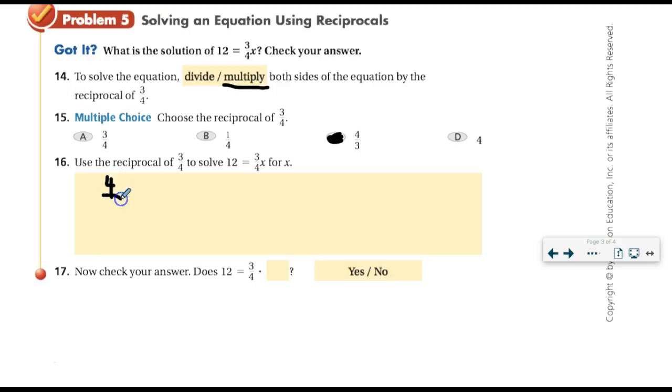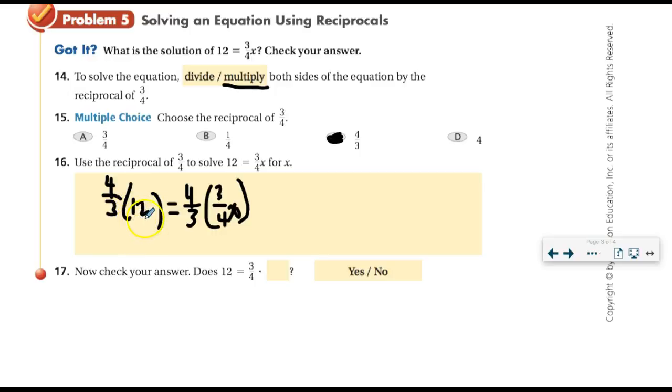I've got 4/3 times 12 on the left, and I've got 4/3 times 3/4 x. Let's see what happens. Okay, over here, there's a bunch of different ways to multiply this.